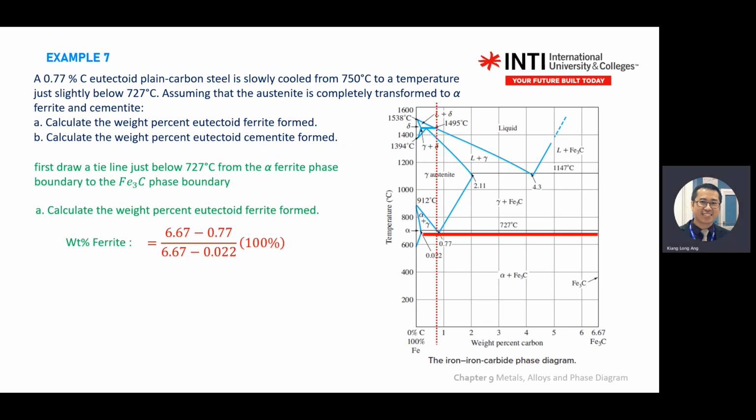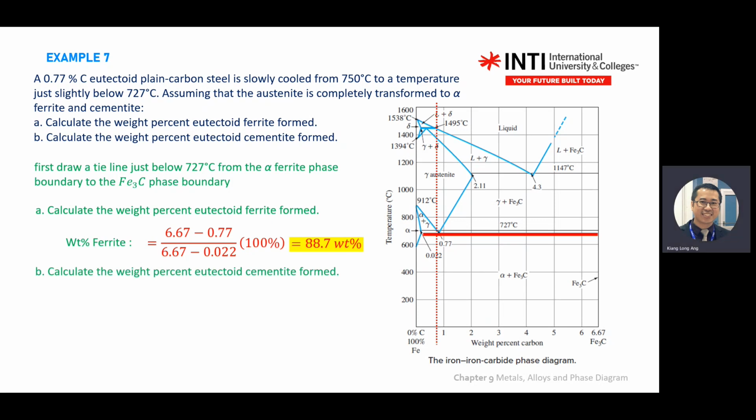You have 3 points, 1, 2, 3. You do the same percentage calculation. So the percentage of ferrite is the final point minus the center point, divided by the total length, times 100. You get ferrite, which is alpha. 88%, quite high.